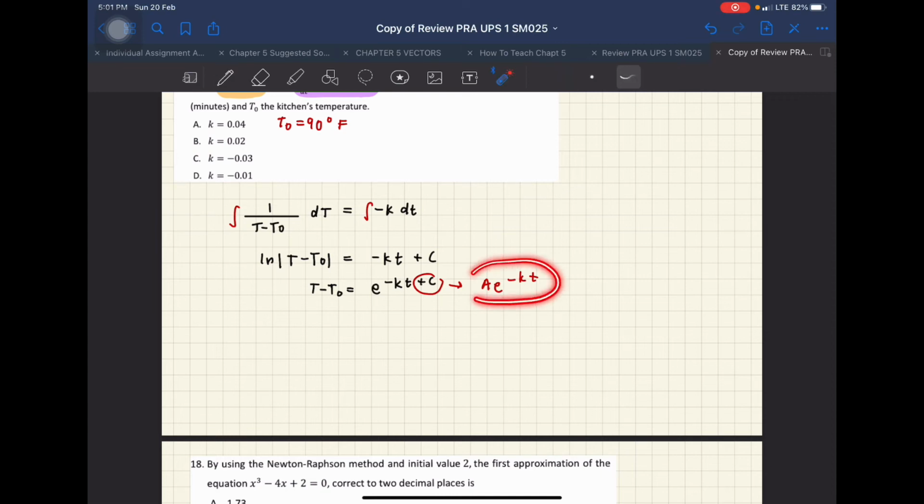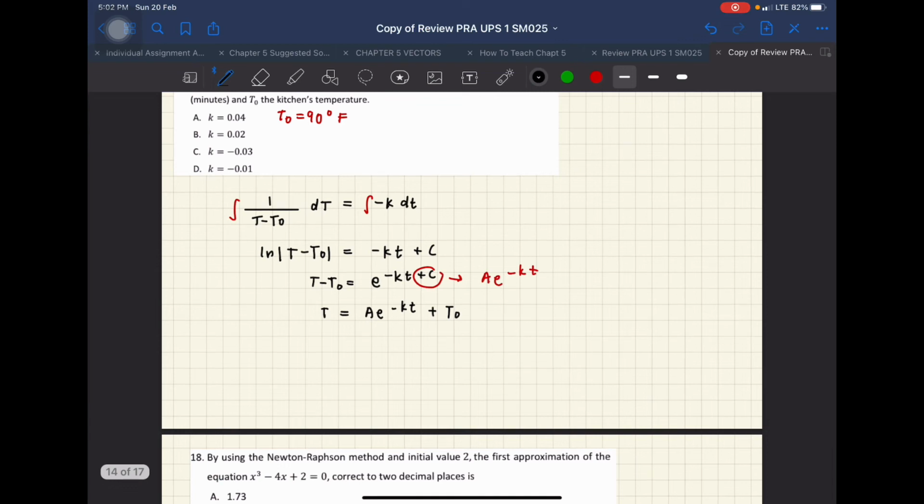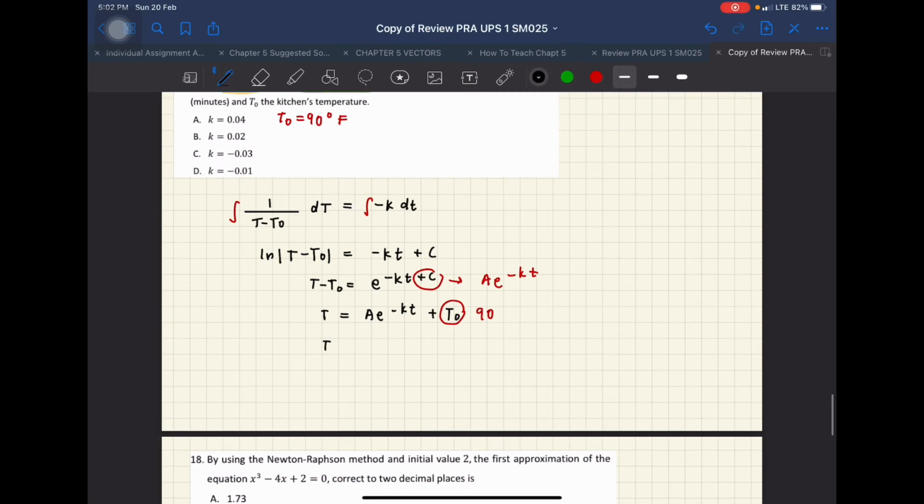Just straight away go to this one. Okay, so next T is equal to A e negative Kt plus T naught. Okay, settle. Alright, so we know that T naught is equal to 90 degree Fahrenheit. This one, change it into 90. Okay, so saya akan dapat dekat situ is T equal to A e negative Kt plus 90 degree.